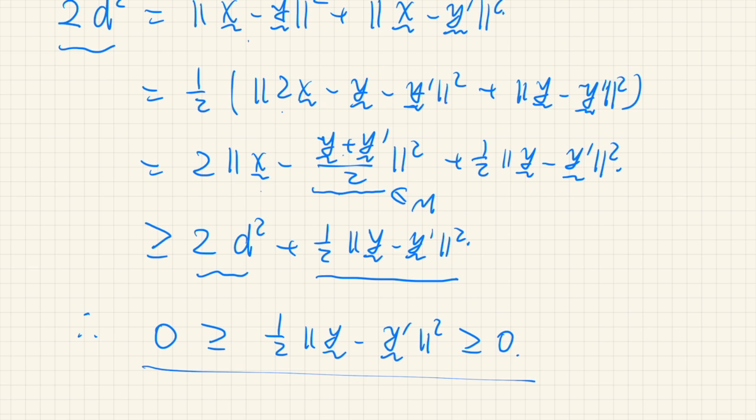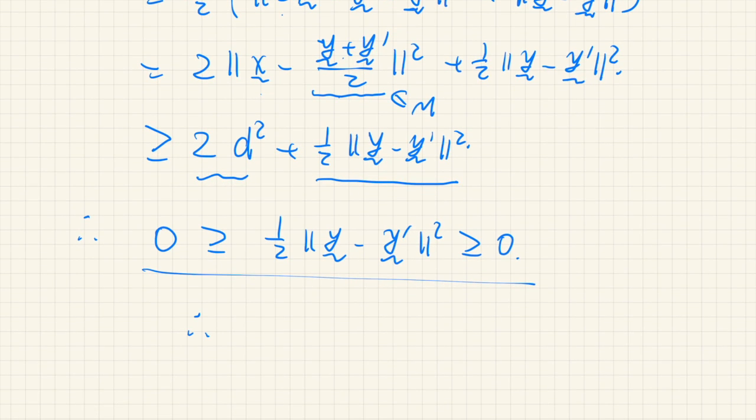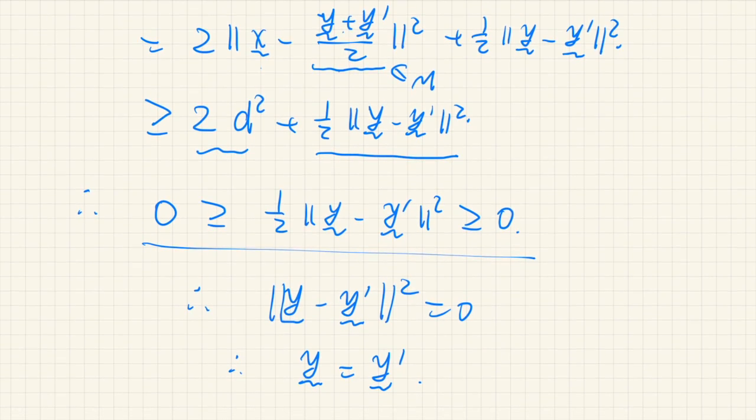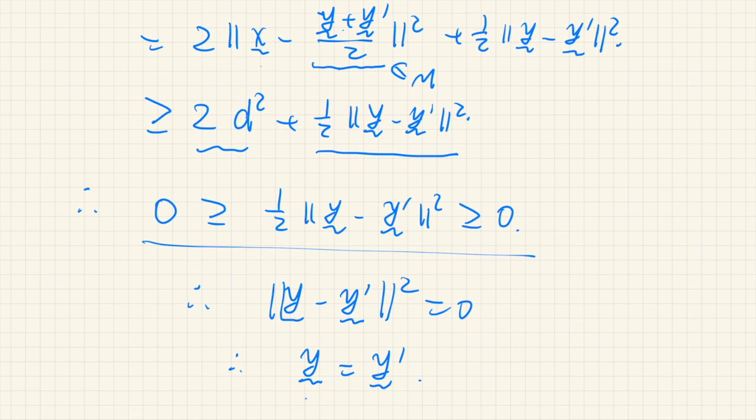So we have to conclude that y minus y prime, this distance, must be equal to 0. So this indicates y must be equal to y prime. So the point where the distance is minimized is unique, and we are done.